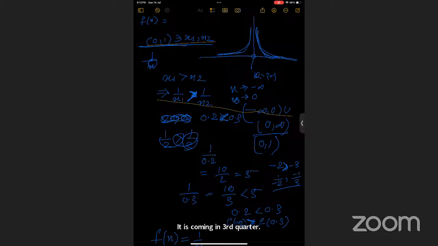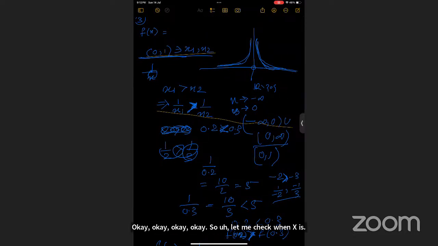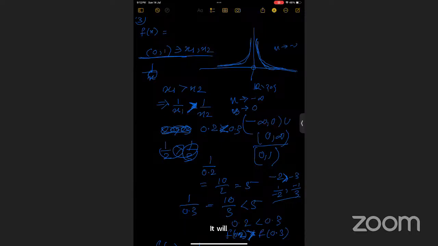Okay, let me check. When x is near 0, it will be this, and when x tends to minus infinity, or some negative value, it will be in this quarter, right? Yes, ma'am.